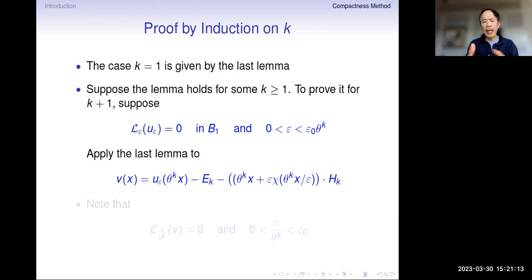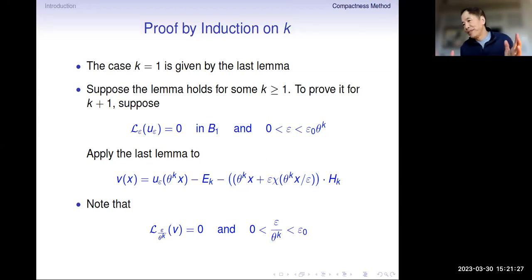Suppose it's true for k. You rescale the solution, subtract a constant, and subtract this term here. The key observation is that this function v, which is a different v, I'm sorry, I keep using v, this is not the same v we were talking about before, is a solution of an equation with operator L epsilon over theta to the power k.